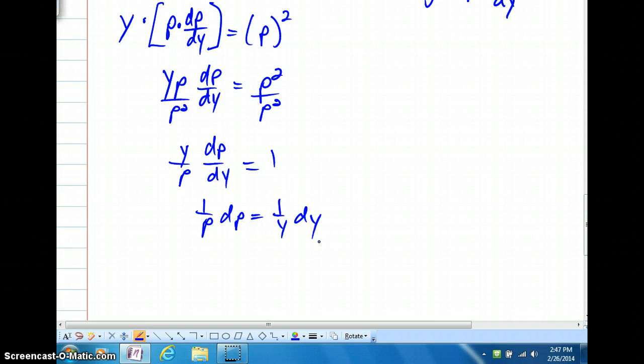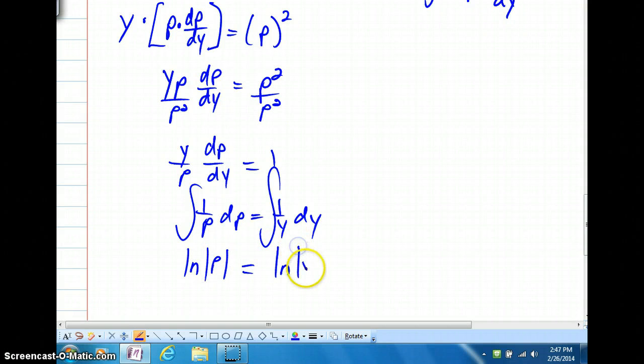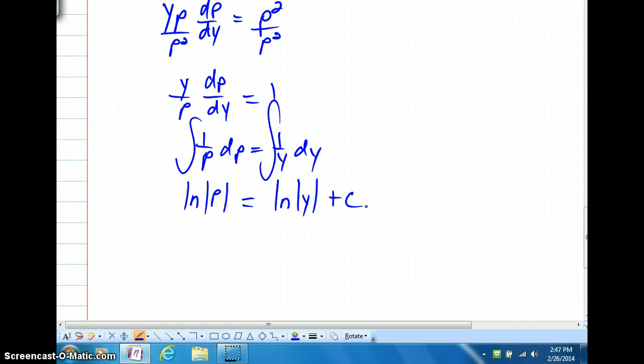So guess what we're going to do now? Integrate. The integral of 1 over p is natural log of p. Here you get the natural log of y plus a constant. By the way, you could call it C1. Guess what we're going to do next? I would probably exponentiate first. So this left-hand side, I've got the absolute value of p.